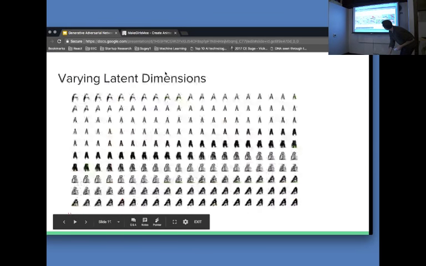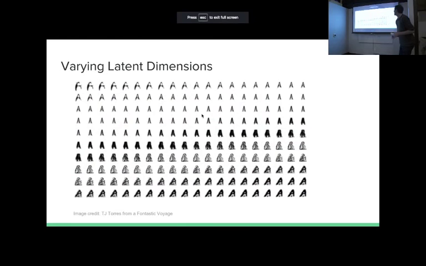Let's go ahead to this. Here's what happens when you vary the latent space. When you start to vary the latent representation systematically and iterate through, you see what this thing is capable of producing. This is from TJ Torres, whose talks I highly recommend watching if you're interested in more information.